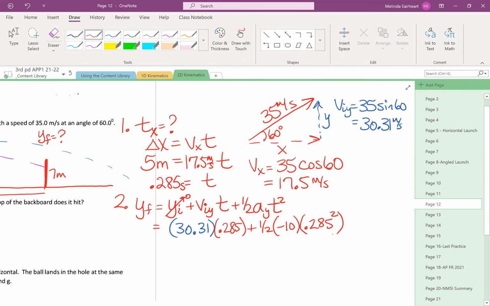As you calculate it out, this is going to be the vertical position when it makes 5 meters across, when it gets to the backboard's plane, right? And so what's the final vertical position?